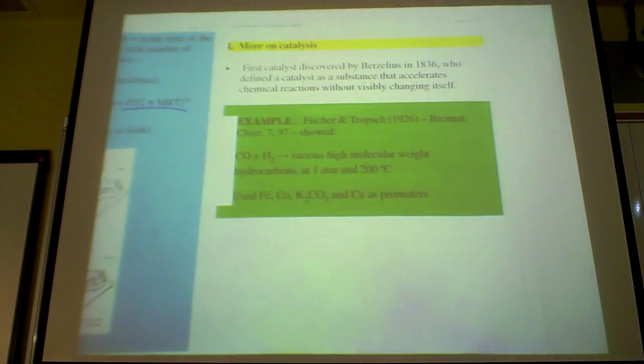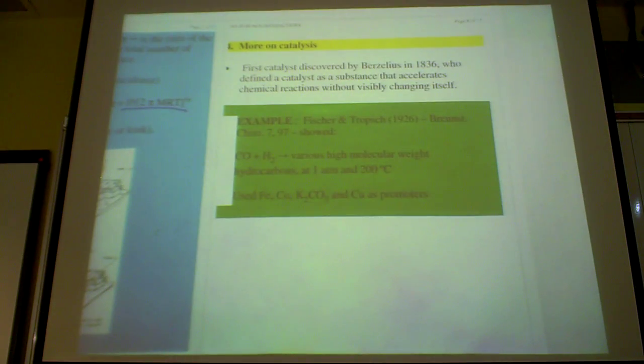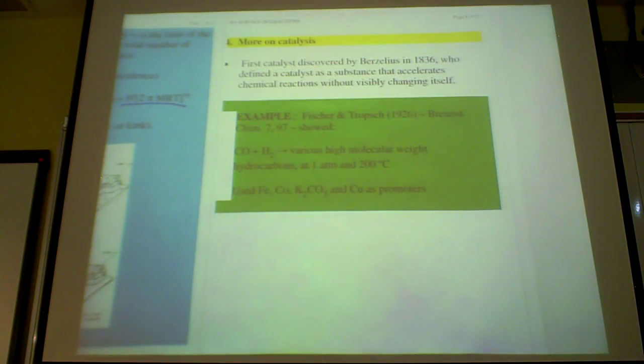I believe he is the same guy who discovered silicon, actually, and he defined a catalyst as a substance that accelerates a chemical reaction without changing itself. A classic catalytic reaction is the Fischer-Tropsch reaction. Some of you may have heard about this in organic chemistry courses. The Fischer-Tropsch reaction is important. It changed the economics of the world.